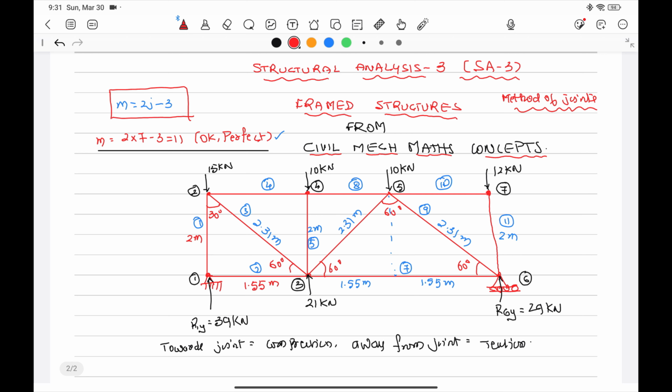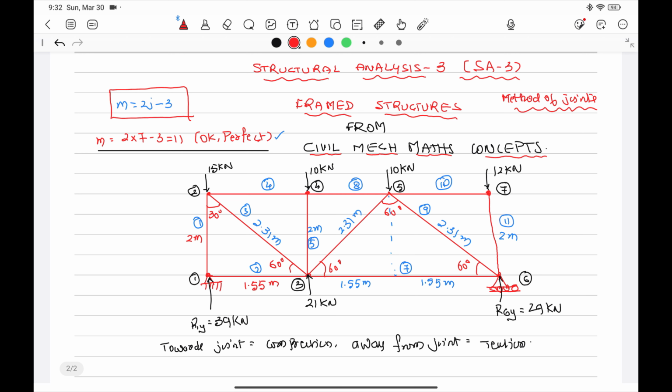People make mistakes in minus and plus and end up with a different answer. That should not happen. You should understand the concept. For that reason, I am doing this force analysis and moment analysis very carefully, so that your concepts will be clear and you will do better in the examinations and even in day-to-day work.